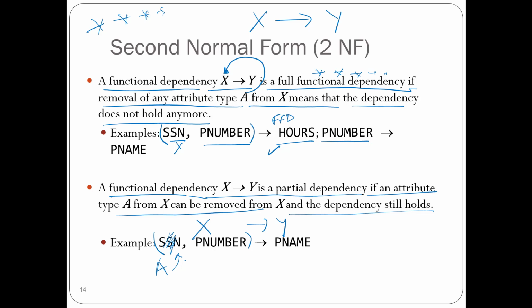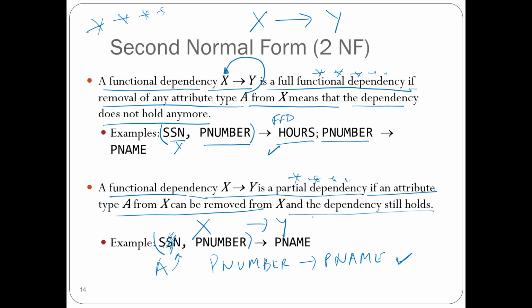If I take this A out, then P number to P name is still a valid functional dependency, right? Therefore, this is an example of partial dependency. When you can remove an attribute A from X and this functional dependency still holds, then that is a partial functional dependency or partial dependency. Whereas in full functional dependency you can't do that.